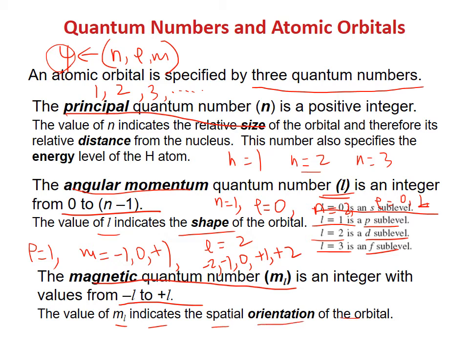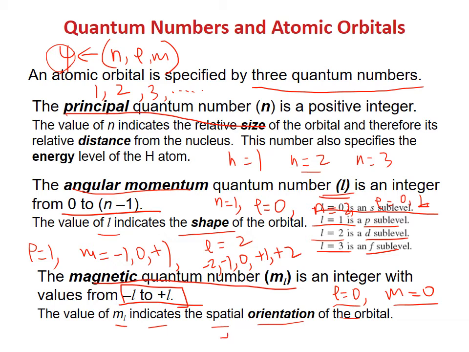For example, when l equals 0, m can only be 0, right? Because it goes from negative l to positive l. So when l equals 0, m can only be 0, and so there's no orientation. In fact, this orbital is spherical.